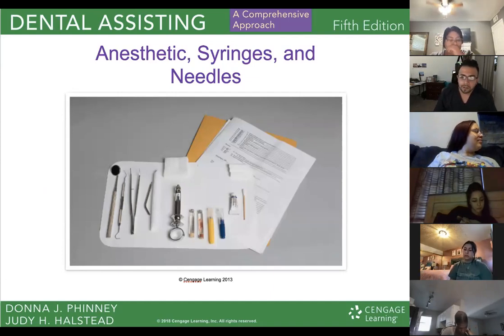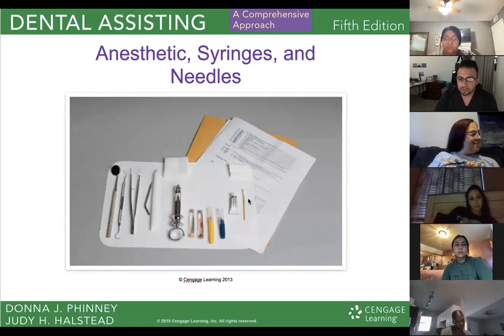Okay, also you'll see on this armamentarium a Q-tip. We'll see some topical anesthetic cream or topical anesthetic jelly, whichever one your office is using. We'll see a shorter blue needle and a longer yellow needle. There could be different types of anesthetics here.